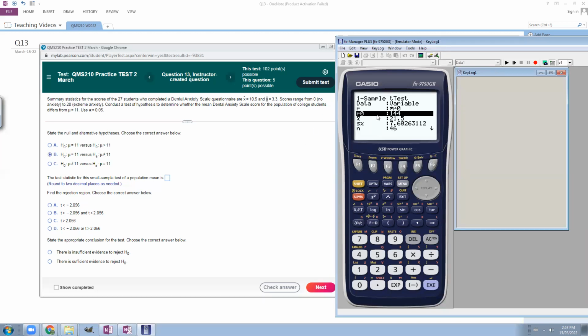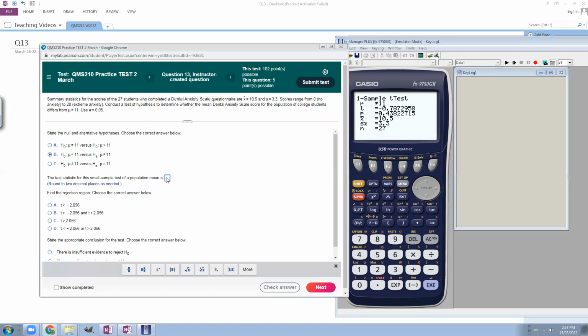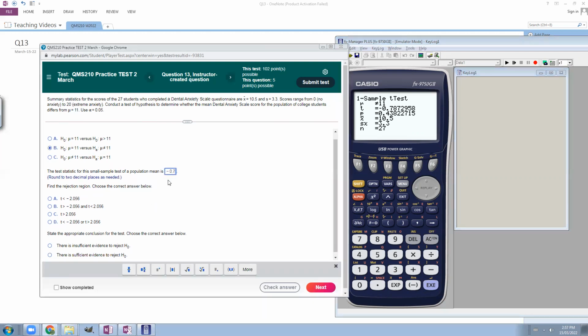And then we have the hypothesized mean is 11. The X bar is 10.5. The S is 3.3. The N was 27 students. And so we run that and our test statistic is negative 0.787. Negative 0.79. This says round to 2 decimal places, right? Always make sure you're rounding correctly.